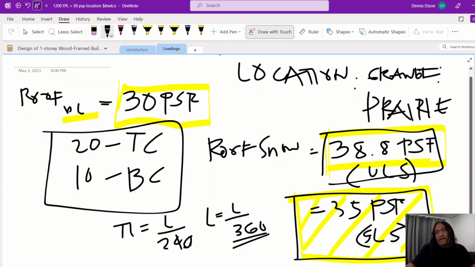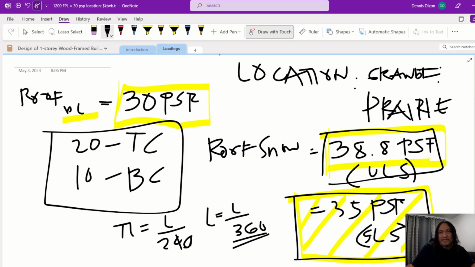Now, by the way, if you notice, we did not consider any roof live load. If you are using the IBC, the International Building Code in the US, there is in the load combination the roof snow load. Correction, this is Canada I'm referring to.